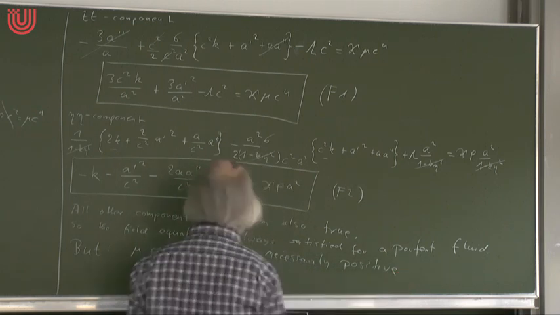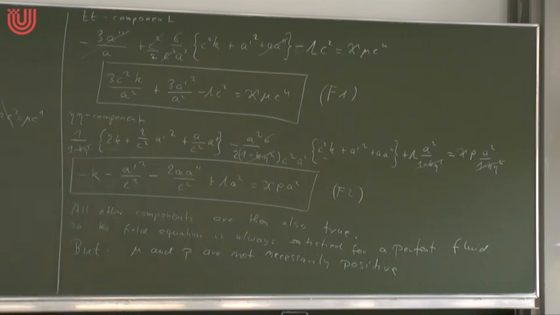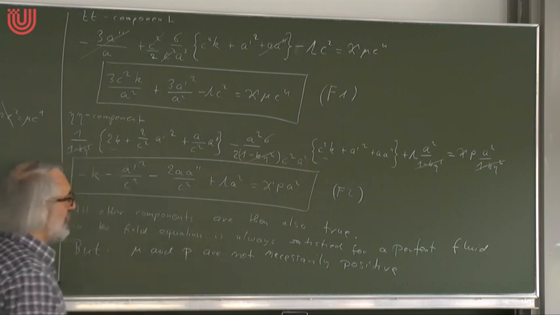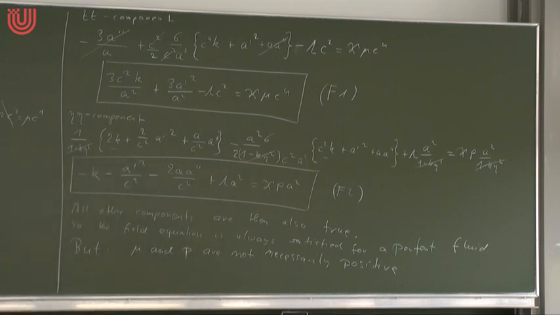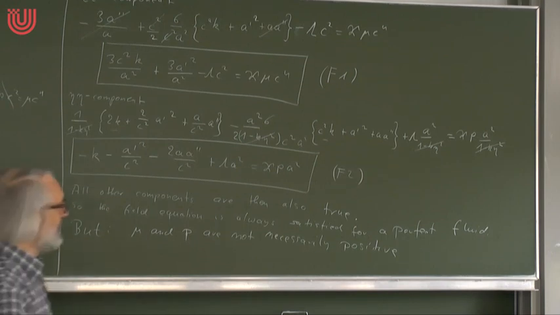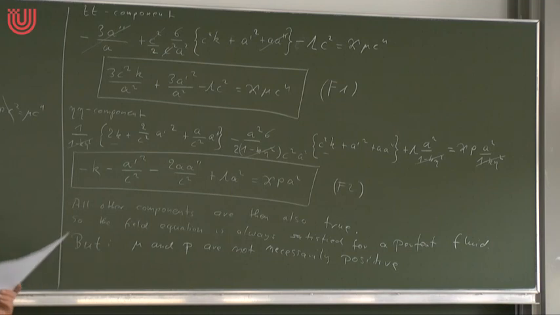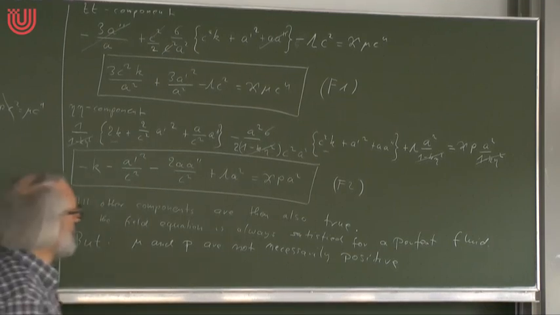Actually, we will have to discuss what we have to make of, in particular, a pressure which is negative. If we should consider this to be physically acceptable or not, we will discuss this in some detail. It has something to do with dark energy, right? Dark energy has a negative pressure. We will come to that.